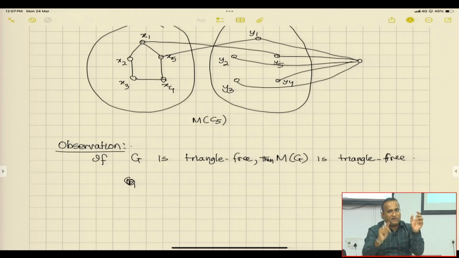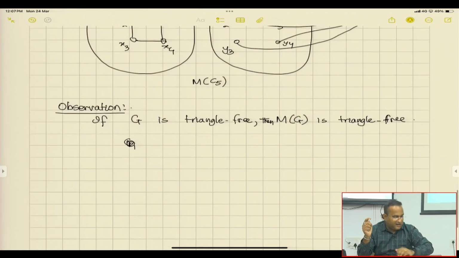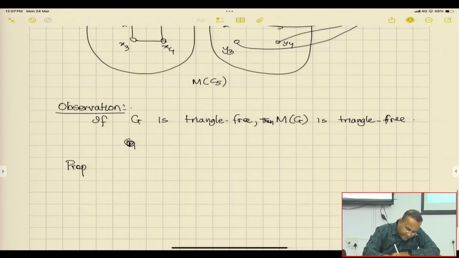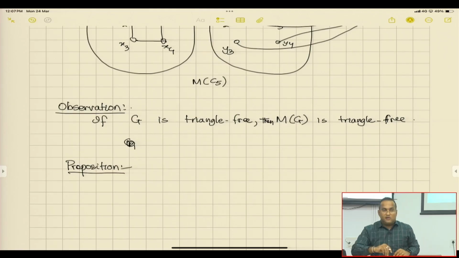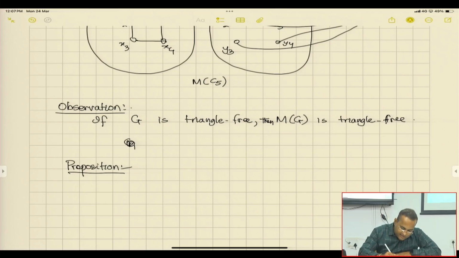So what is the relation between chromatic number of G and M of G now? Can we relate chromatic number of G and M of G?